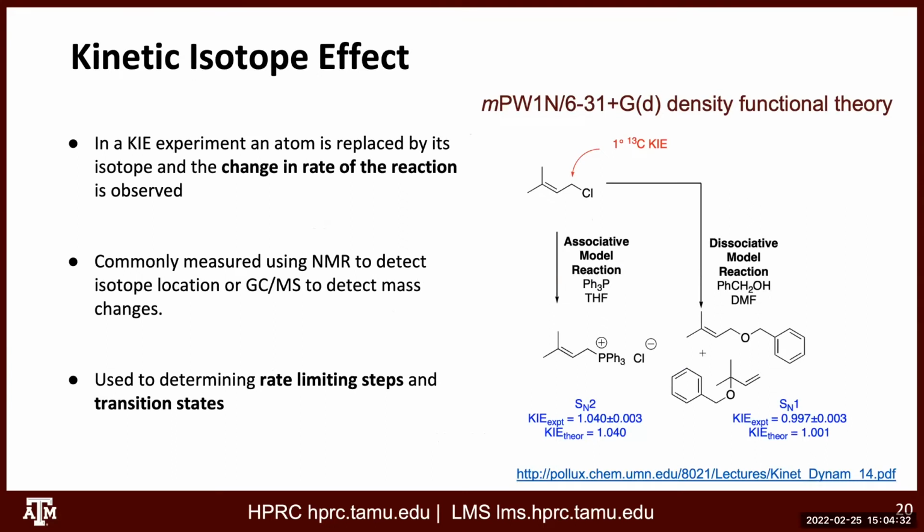For the kinetic isotope effect, in a KIE experiment, an atom is replaced by its isotope, and this causes a change in the rate of the reaction. The kinetic isotope effect is commonly measured using NMR to detect the isotope location, or GC-MS to detect the mass change from the isotope replacement. It can be used to determine the rate-limiting step and the transition state.